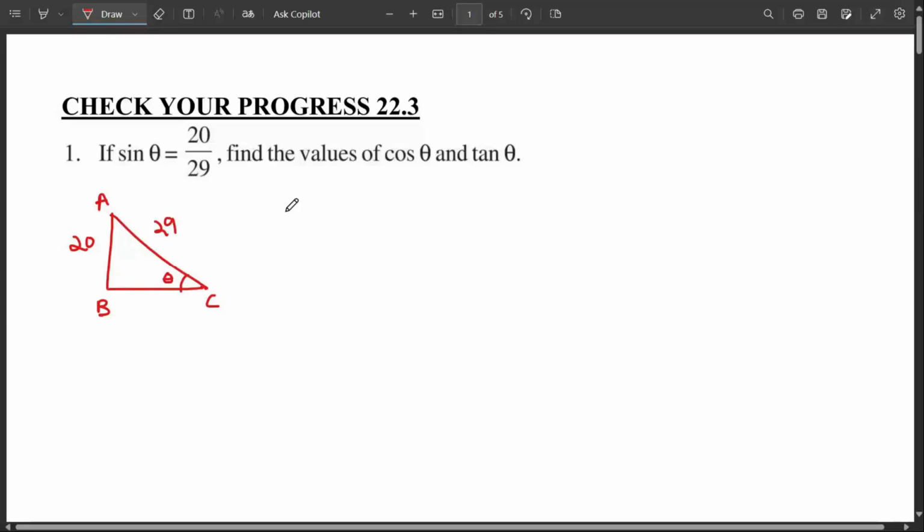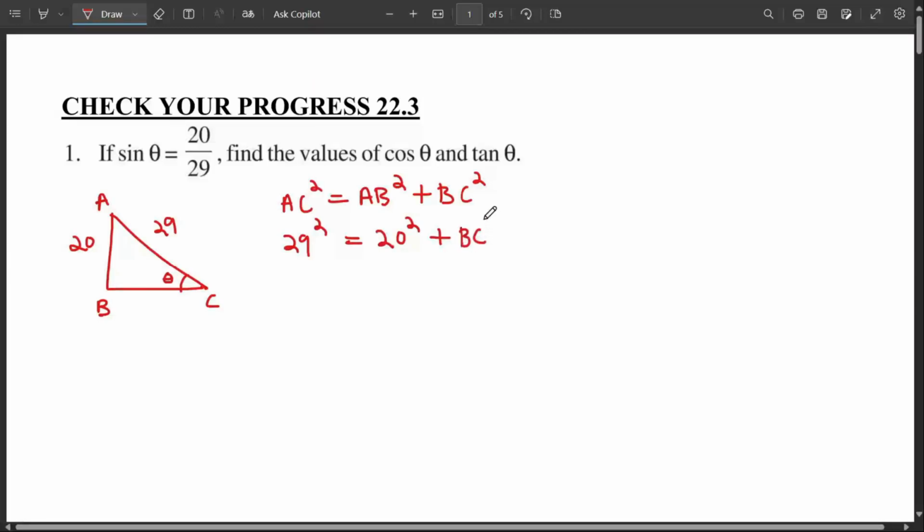To find the side length BC, we will make use of the Pythagoras theorem. So we have AC square is equal to AB square plus BC square. AC is 29, so 29 square is equal to AB, which is 20, so 20 square plus BC square, the side length that we are supposed to find.